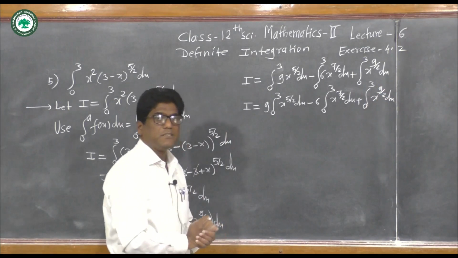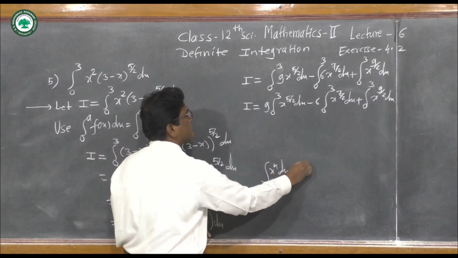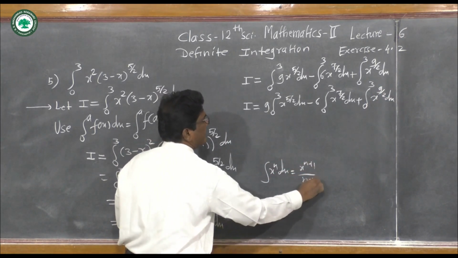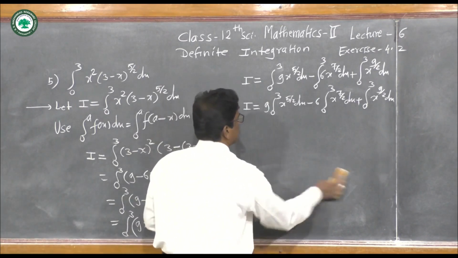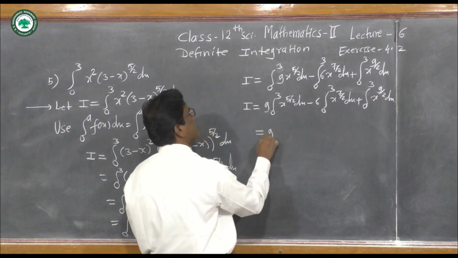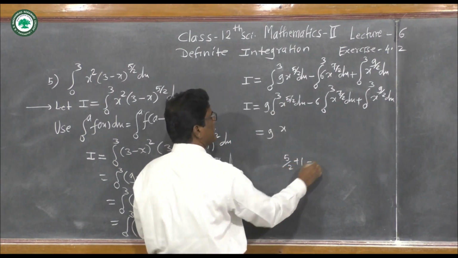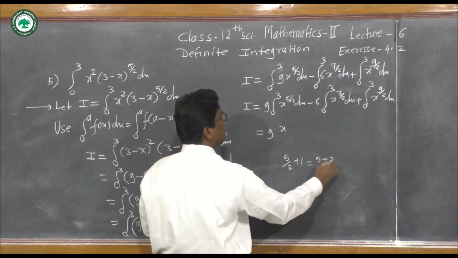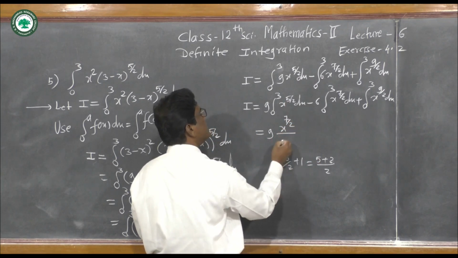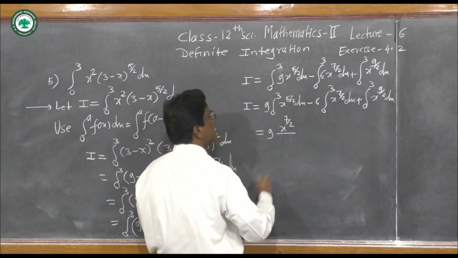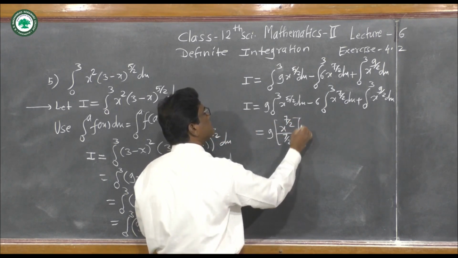And now take integration using the formula integration x to the power n dx is equal to x to the power n plus 1 divided by n plus 1 plus constant of integration. So we get this 9 as it is constant, x to the power 5 by 2 plus 1, 5 by 2 plus 1, it is equal to 5 plus 2, 7 by 2. So x to the power 7 by 2 divided by same number that is 7 by 2, and integration from 0 to 3.